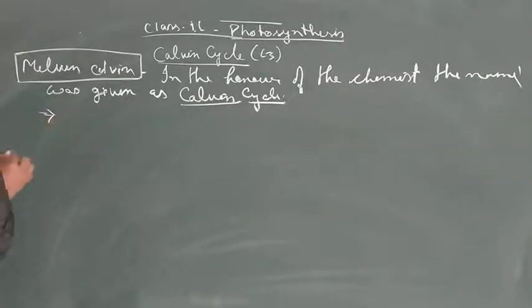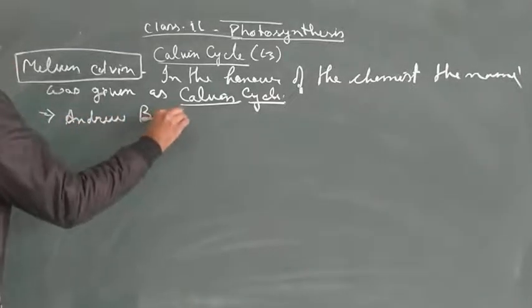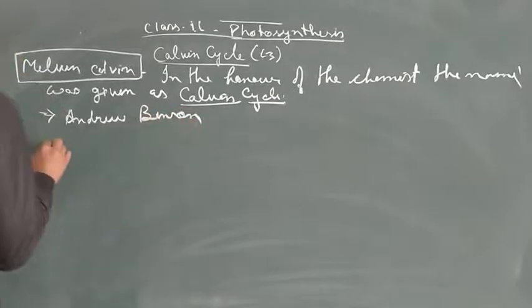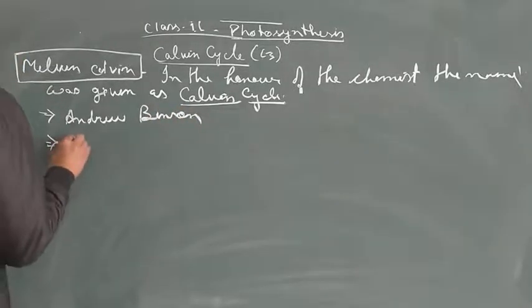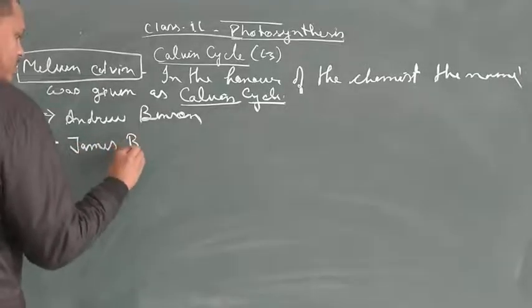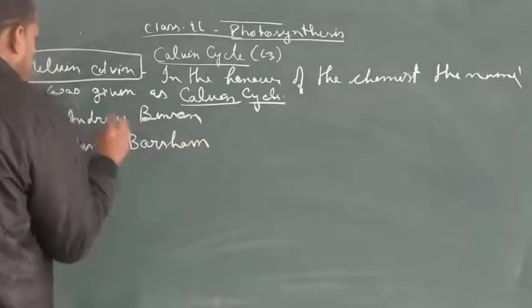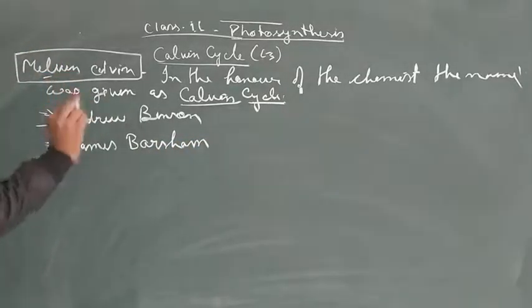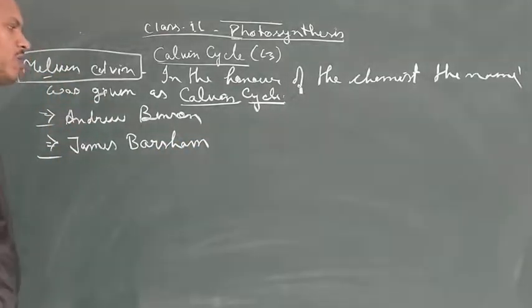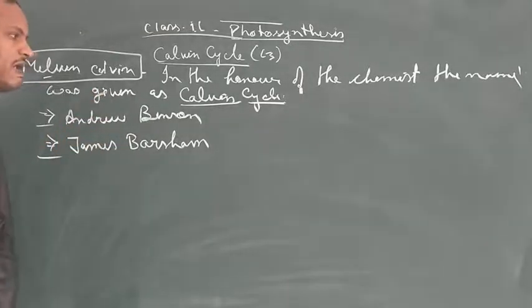They are Andrew Benson and James Bassham. These are the three scientists who mainly studied the complete pathway of the C3 cycle.